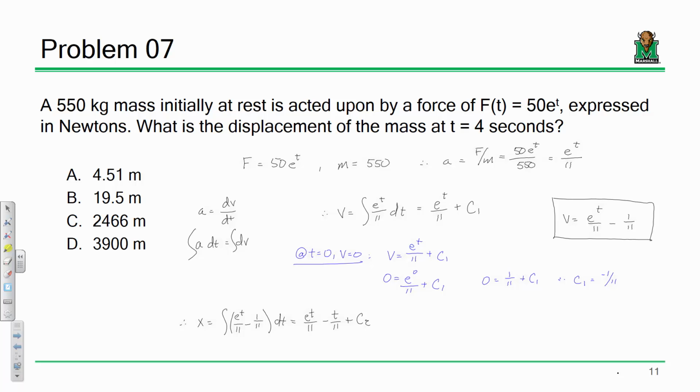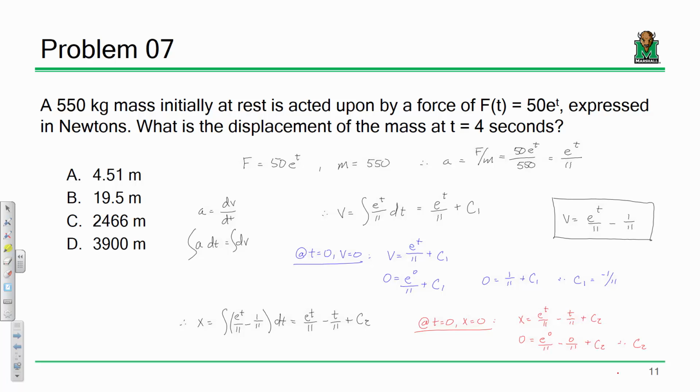And then now we got another boundary condition, right? That boundary condition states that at t equals 0, x equals 0, because that's what at rest means. 0 displacement, 0 velocity. So x equals e to the t over 11 minus t over 11 plus c2. 0 equals e to the 0 over 11 minus 0 over 11 plus c2.